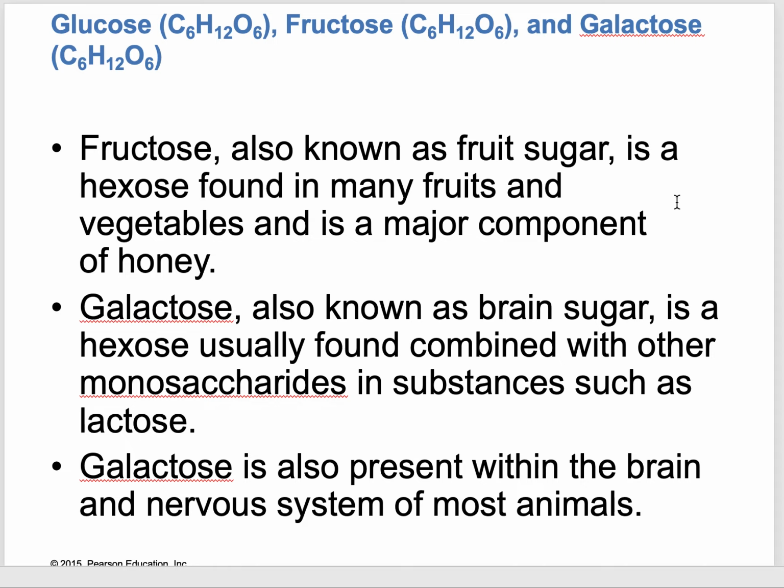All right. Fructose is known as fruit sugar, and it is a hexose because it has 6 carbons. Glucose, fructose, and galactose. And glucose is an aldehyde.